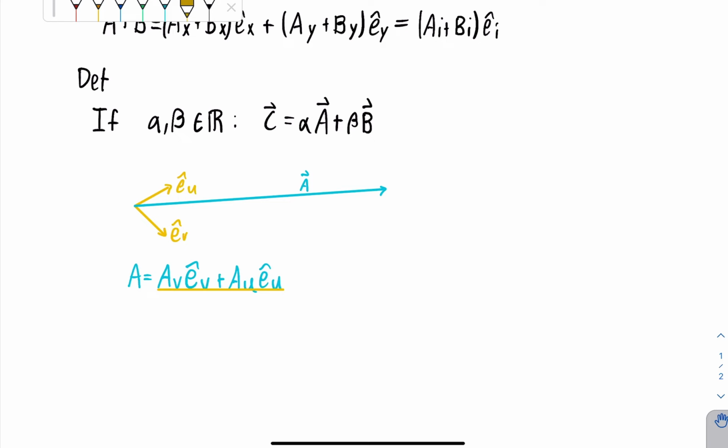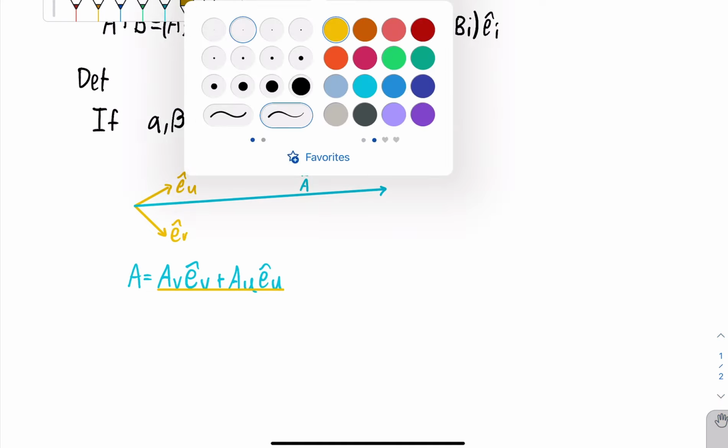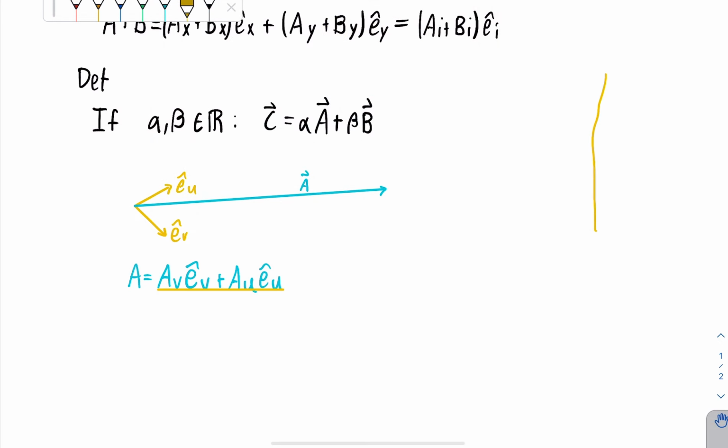Usually these vectors, instead of e sub v and e sub u, are e sub x and e sub y. On an xy coordinate plane, we have a vector A here.